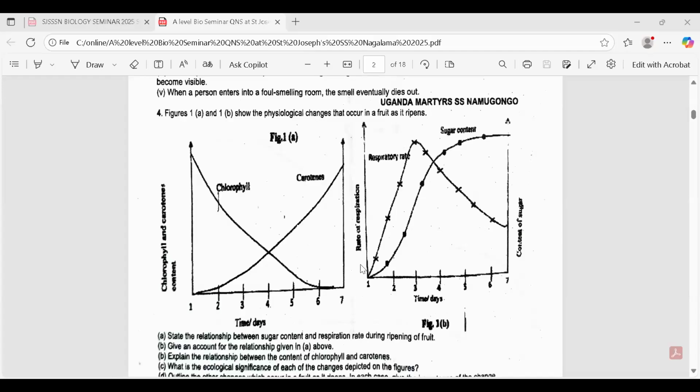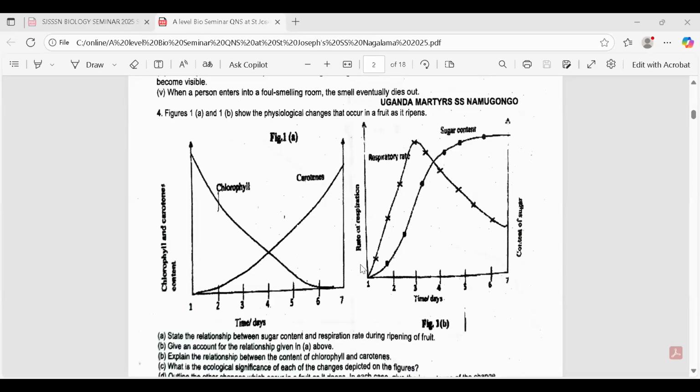Carotenes are colored. And remember, this is a fruit which is ripening. Therefore, we need more carotenes to act as bright colors to attract the dispersal agents. That's why we had carotenes increase. Because carotenes are colored, they are going to play a role in attracting dispersal agents. That's why the chlorophyll was being broken down by enzymes.